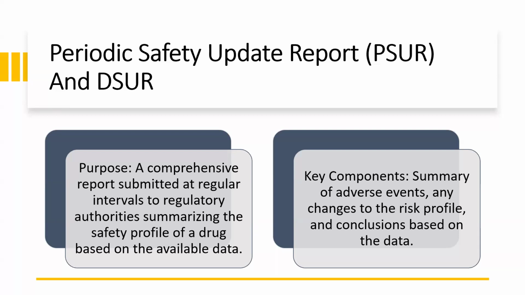Whatever the number of cases coming, you have to capture those in your aggregate reports in the form of summary tabulation. That summary tabulation contains, suppose for the last 5 years you received 15,000 cases for paracetamol, how many of those 15,000 cases are serious, how many are non-serious, how many were reported to the regulatory authority, how many are from a spontaneous source, how many are from literature, and how many are from regulatory sources.